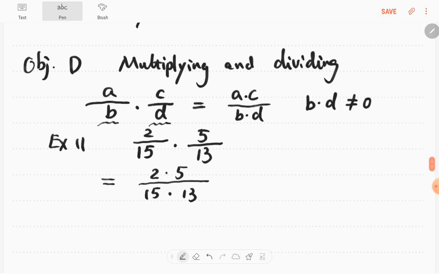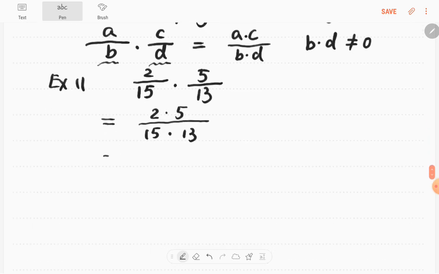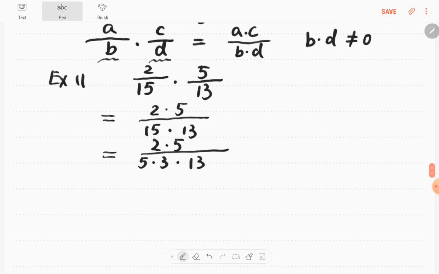But if we want to get our answer in the simplest form, we can simplify here. So we can write 2 times 5. That's fine. But 15, we can write it like 5 times 3 times 13.